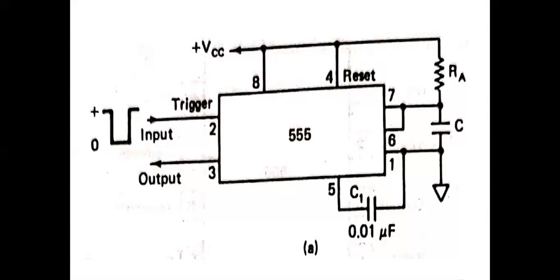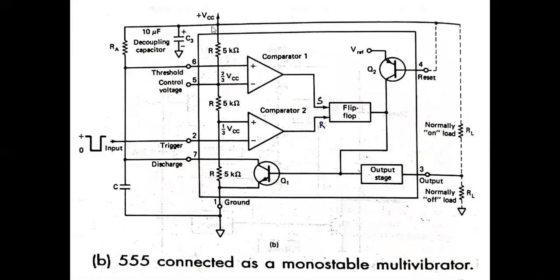Now we'll look into how the internal diagram of the 555 timer as a monostable multivibrator is connected. These are the corresponding pins, and this is how the internal block diagram of the IC 555 timer as a monostable multivibrator will work. It mainly consists of two comparators, a flip-flop, an output stage, and transistors Q1 and Q2.